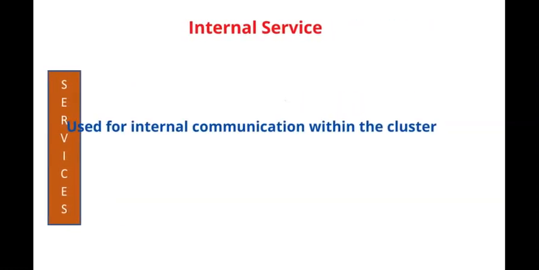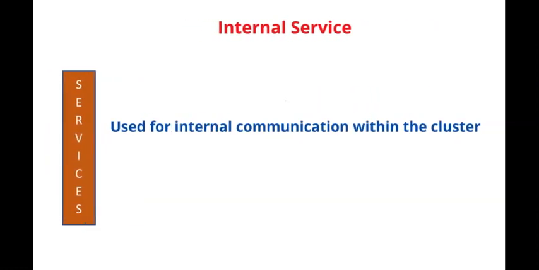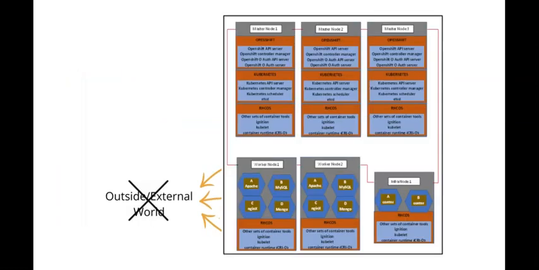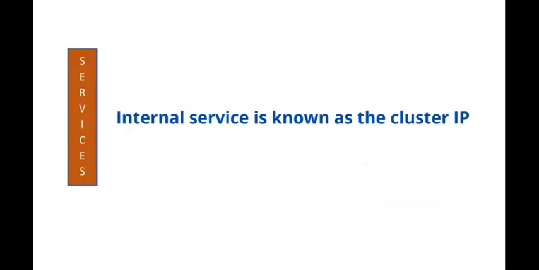The internal service is used for internal communication within the cluster and doesn't expose ports or applications to the outside world. It is good to use this type of service if you don't want your applications, especially databases, to be exposed to the outside world.